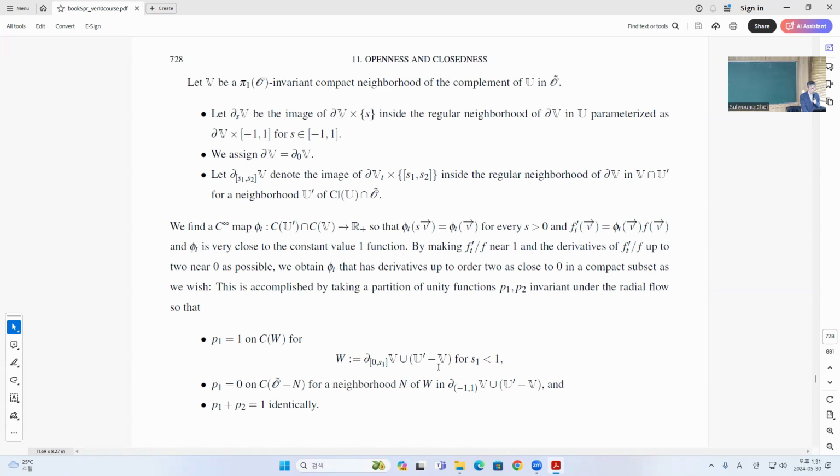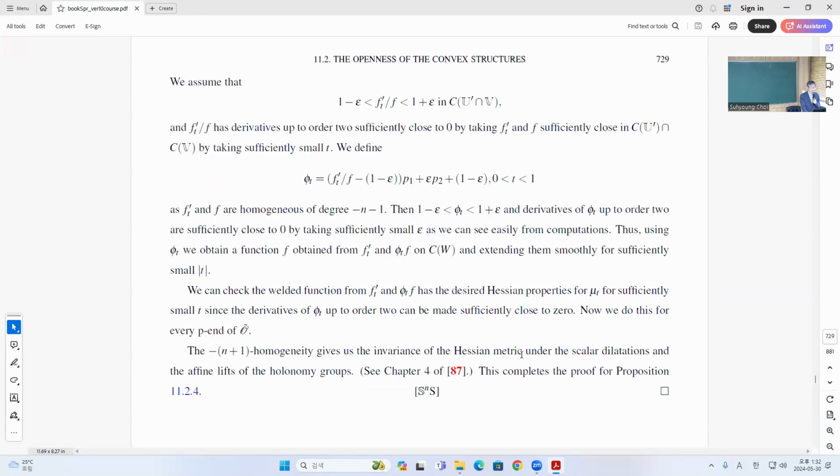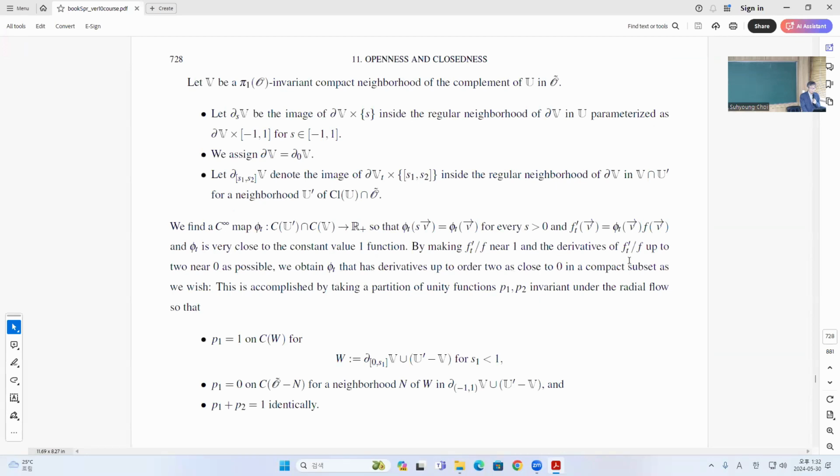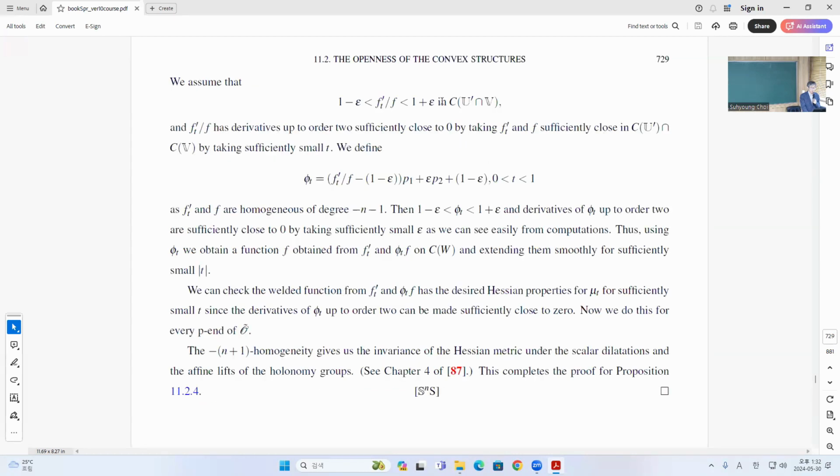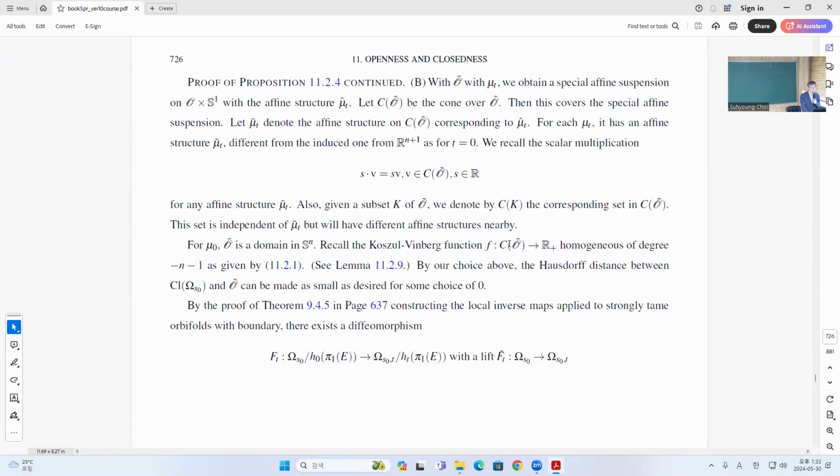So you find these partition of unity functions. And also this FT ratio is very close to 1 here. Okay, and we find the Kosovo-Bimberg function for this O tilde, and the Hausdorff distance between these is very close.